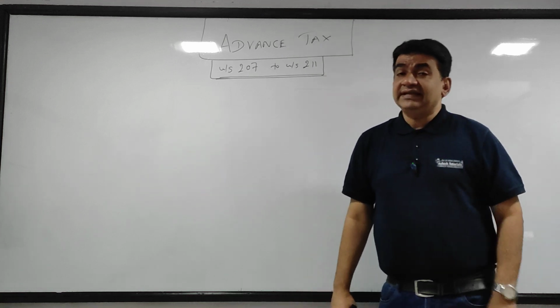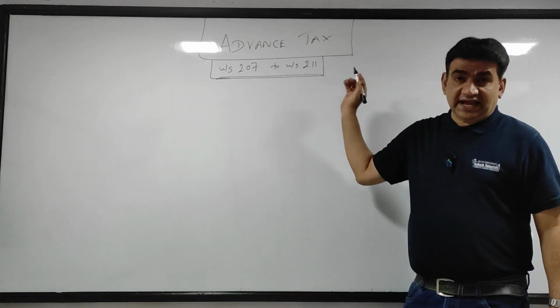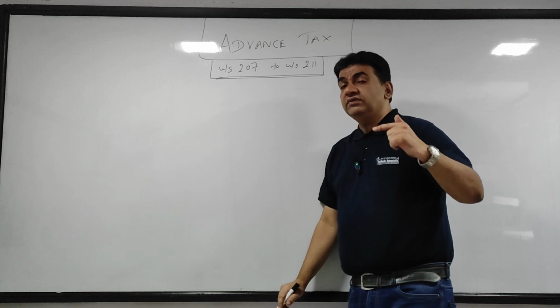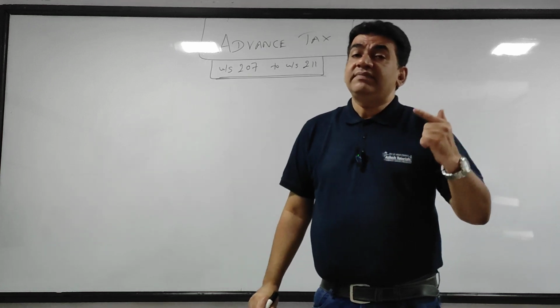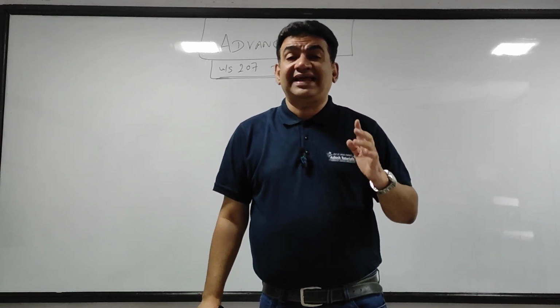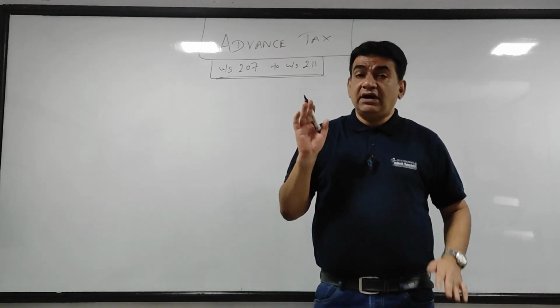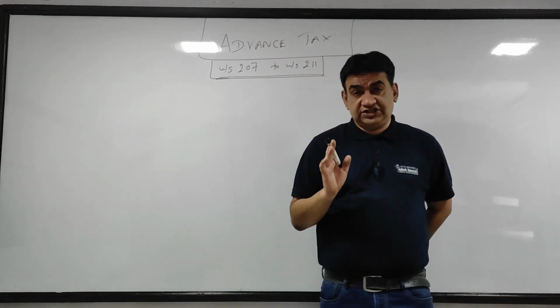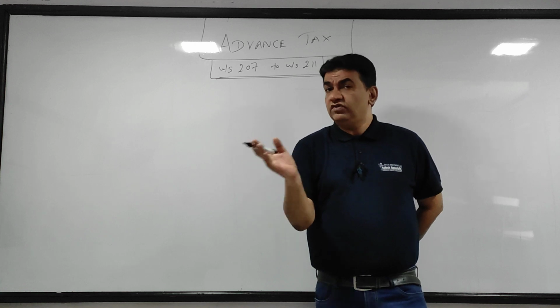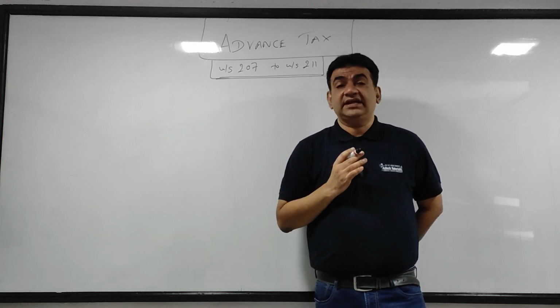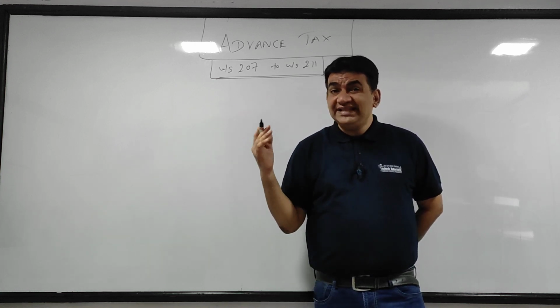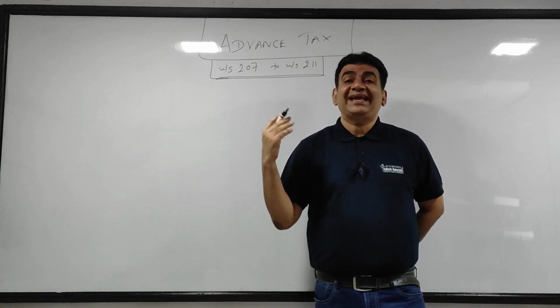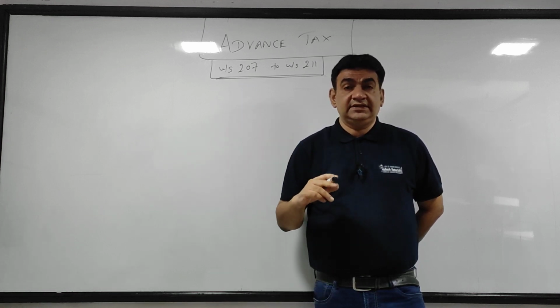Now, getting into advance tax. As I told you, advance tax means making the payment of income tax in advance. Now, the concept here is such. We have done the chapter on tax rates, correct? We saw in that chapter how to calculate income tax.